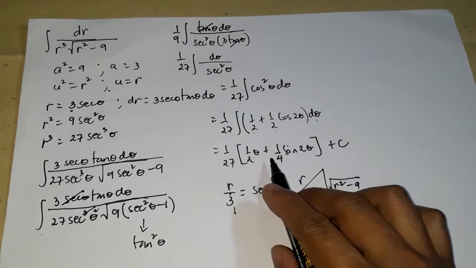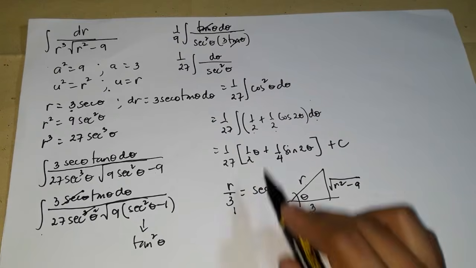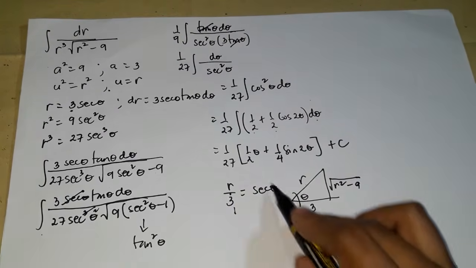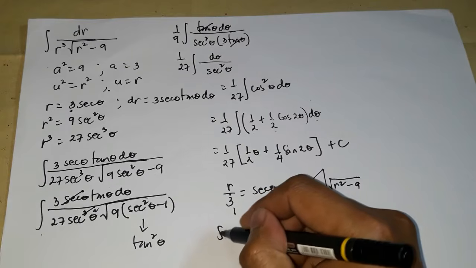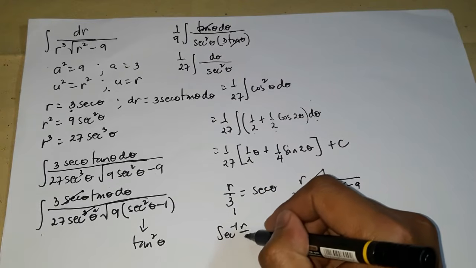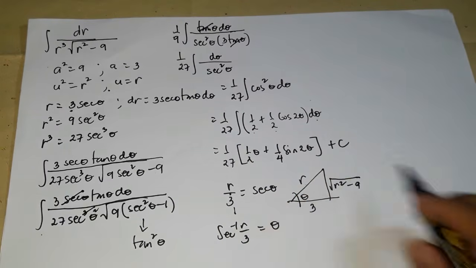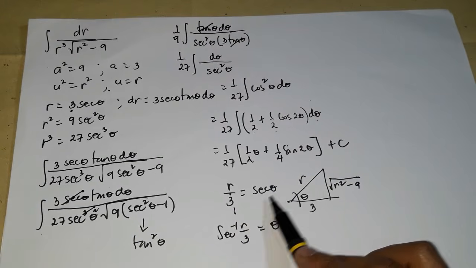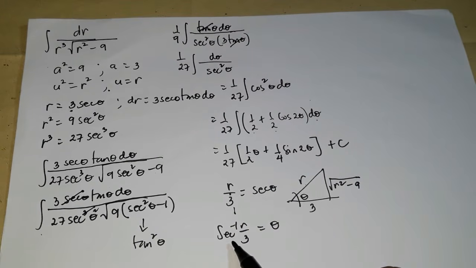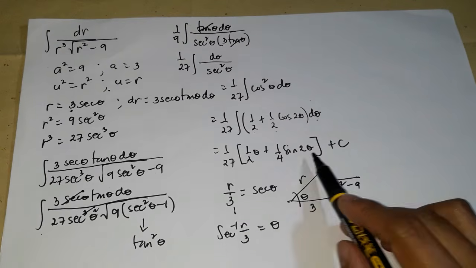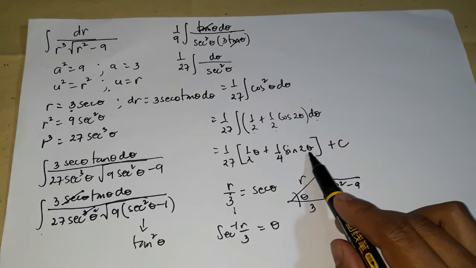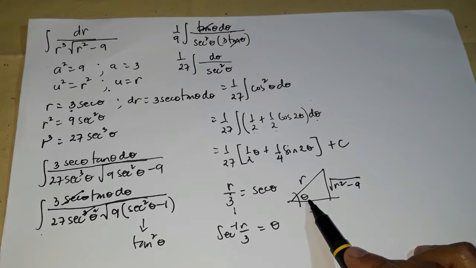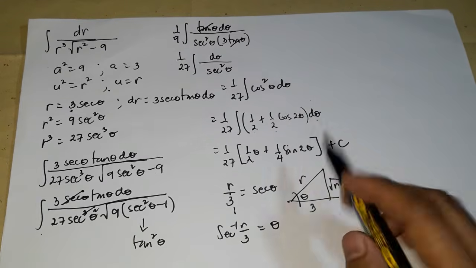So going back here, this theta can be obtained when you get the inverse function of this. So arc secant of r over 3 is your theta. It follows that arc secant of r over 3 is equal to theta. However, this is 2 theta, but this is theta alone, so we can use the double angle identity.